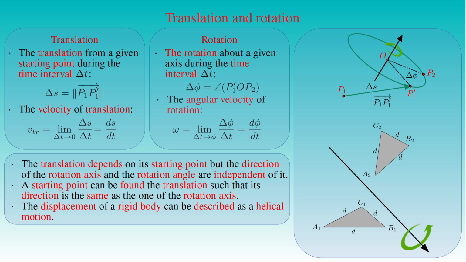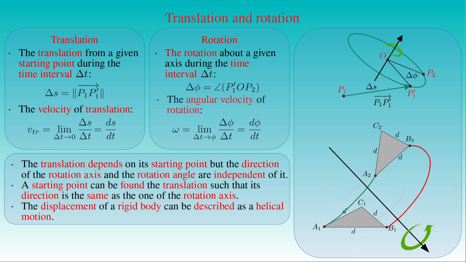In the case of the corners A1 and A2 of the two triangles, we can find a helix passing through the 2 points, where the axis of the helix is the axis of rotation. Then the trajectory of the moving point A1 during the interval of time delta t is the section of the helix connecting the points A1 and A2. Similarly, another helical path can be drawn with the same axis passing through the corners B1 and B2, and its section connecting the 2 points represents the trajectory of the moving point B1 during the same interval of time.